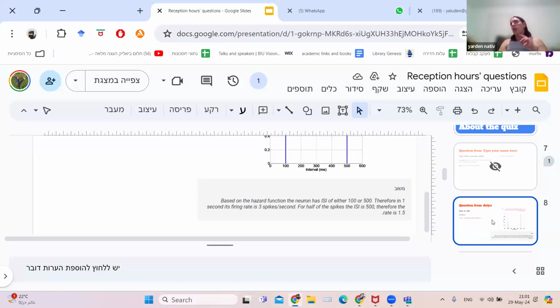So we have 10 spikes per second in the first second, and in the second one, it's 2. So it's the average between them, right? So it's 6 spikes per second, and then the answer would be 3, right? No, because we have also the second with the 100, and then you have more. It's not only half.